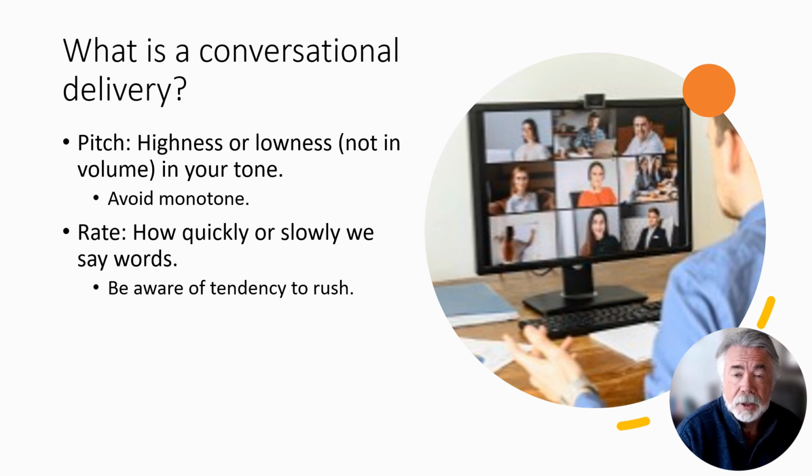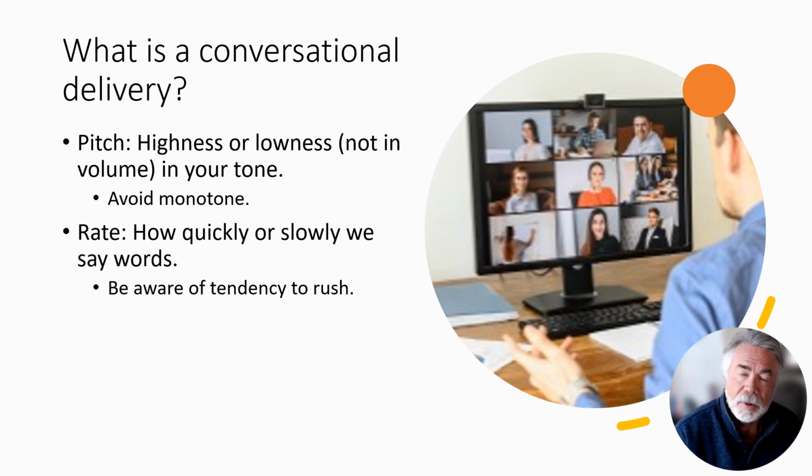It's basically these two things. First, pitch. Pitch is the highness or lowness of your voice, and not in volume, but speaking with a high pitch or a low pitch.